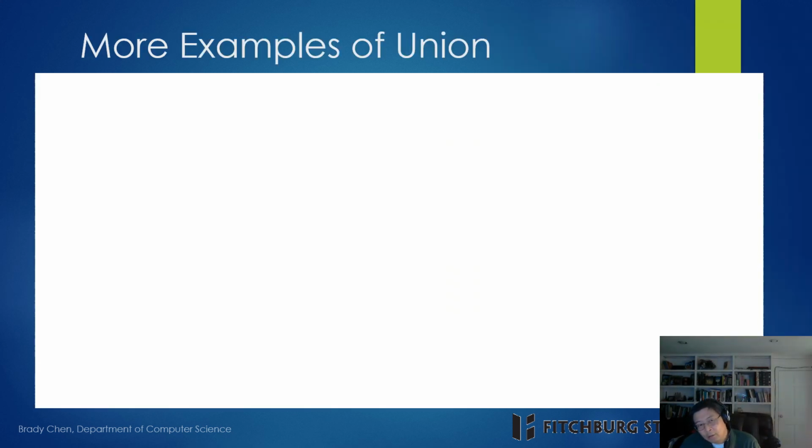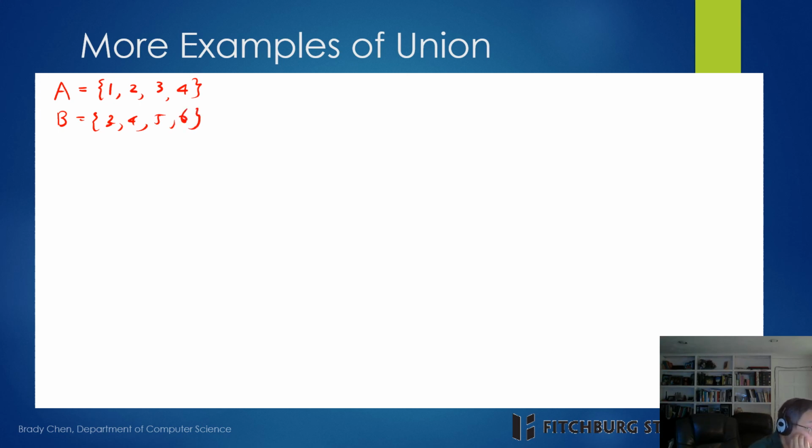Now let's take a look at some more examples. First example, suppose A is a finite set which contains some numbers 1, 2, 3, 4. Now B contains 3, 4, 5, 6. Okay. So let's see, what is A union B?